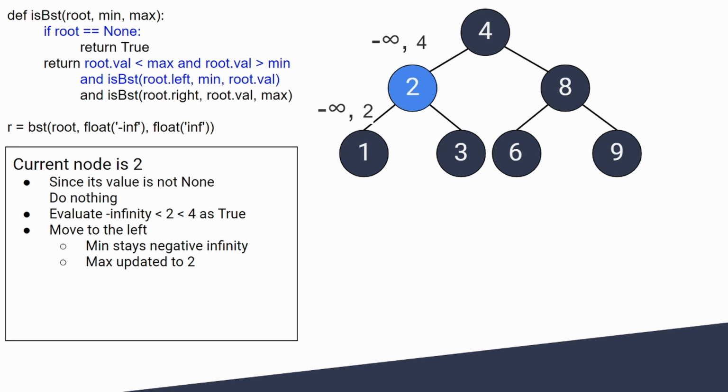For 2, since it is not none, you evaluate to see if it's in between negative infinity and 4. Since it is, you move to its left again.